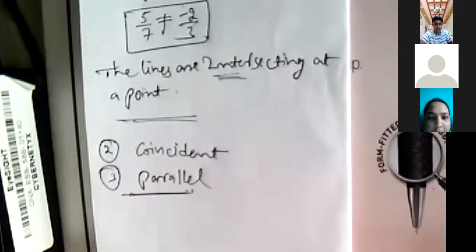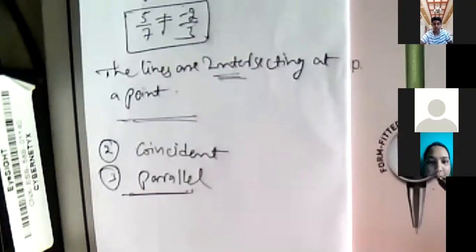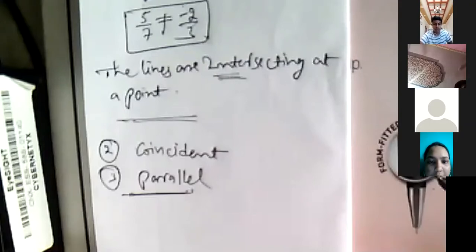But in the next type of problems, we should compare the ratios A1 by A2, B1 by B2, C1 by C2, but we write that they are consistent or maybe inconsistent. The method is the same, but the final step is a little bit different.